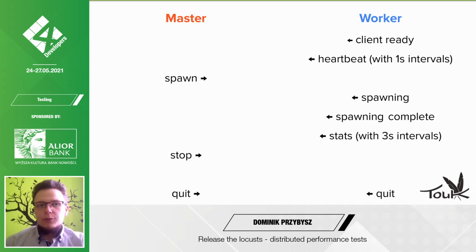When the test is about to start, when all the workers we wanted to have assigned are already assigned, then master sends a spawn message to the worker. The worker acknowledges the message with a spawning message and starts creating users. When the process of spawning is finished, a spawning complete message is sent to master.